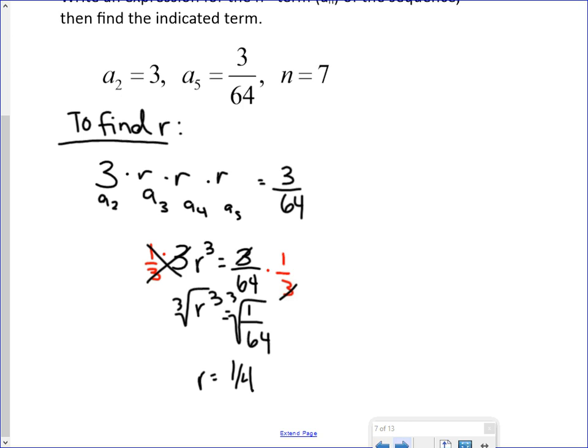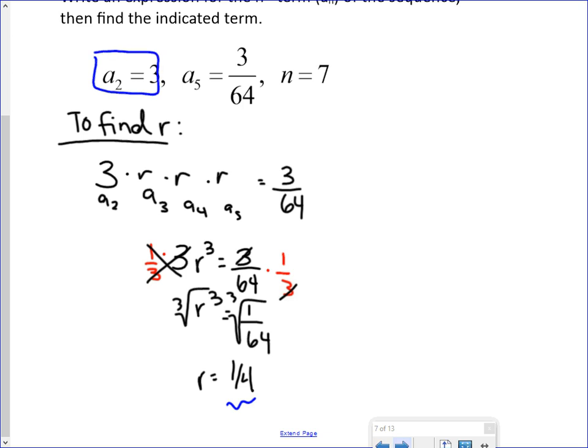We need to find our first term. Oh, why would you just divide 3 by 1/4 to get your first term, Bailey? Because that's r. Yeah. r is 1/4. And a sub 2, or the second term, is 3. So this one's pretty easy.